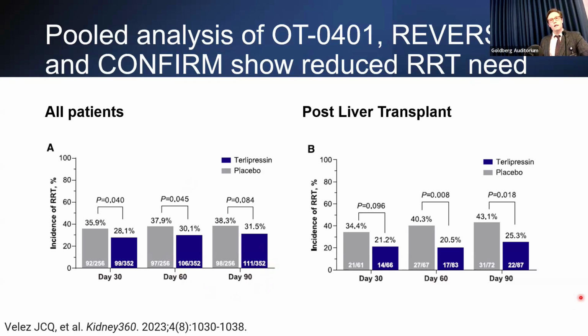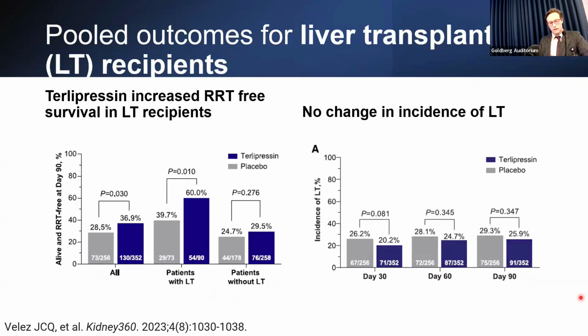But again, it highlights the importance that any therapy for HRS AKI short of liver transplant is just a Band-Aid. It will come back. Again, when we look at patients that got liver transplants compared to those that didn't, patients who received terlipressin were able to be kept off of dialysis.